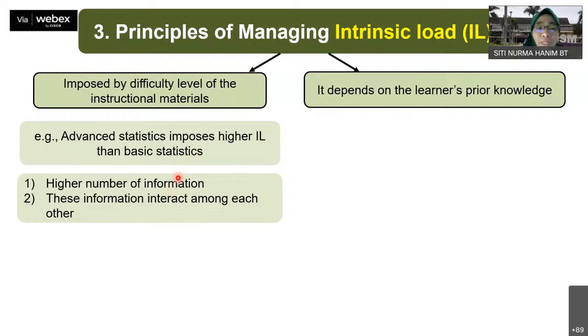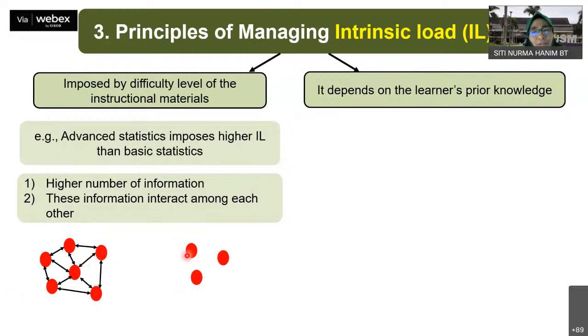Number one, it depends on the higher number of information. Number two, it depends on the information that interact with each other. For example, like this one, there is 1, 2, 3, 4, 5, 6 information, and this information interact with each other. And you have another instruction, there are only 3 information.